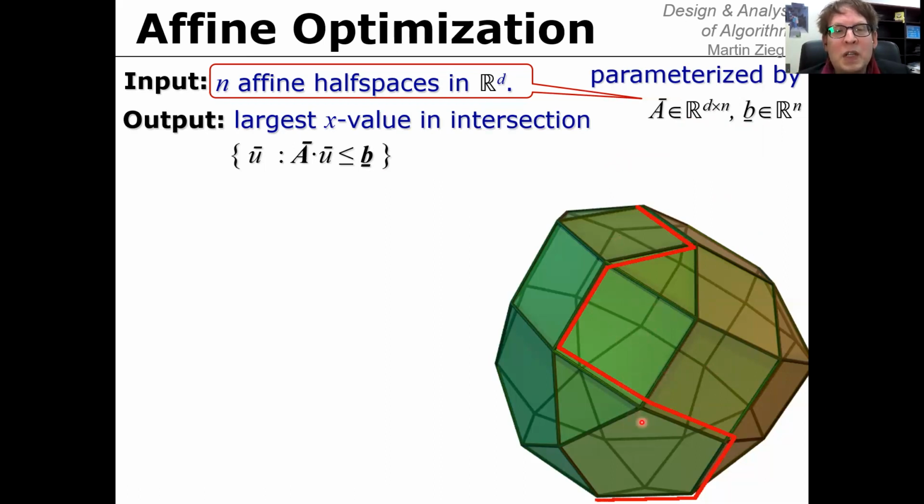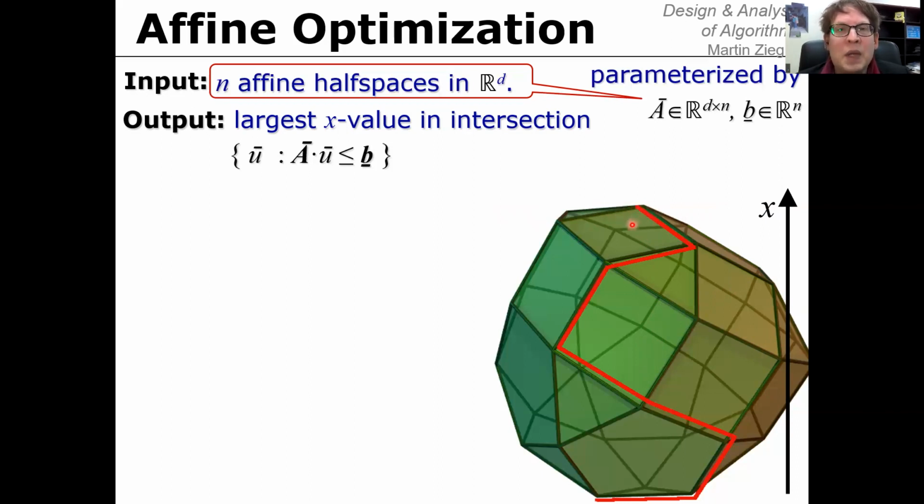So geometrically, this means how far up can we go? Without loss of generality, we can suppose that this is the x-coordinate, and then the largest x value is how far up we can go in that polytope. In general, the point which attains that maximum is not unique, but the maximum is always unique.